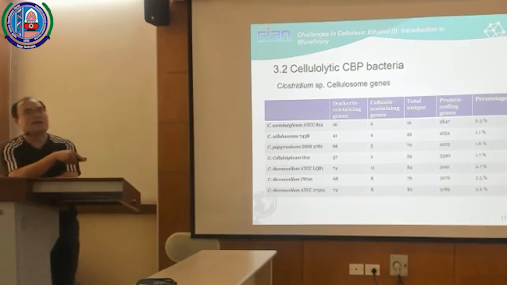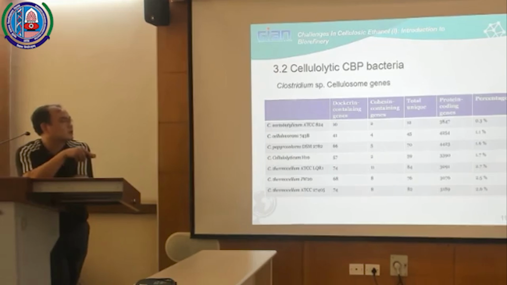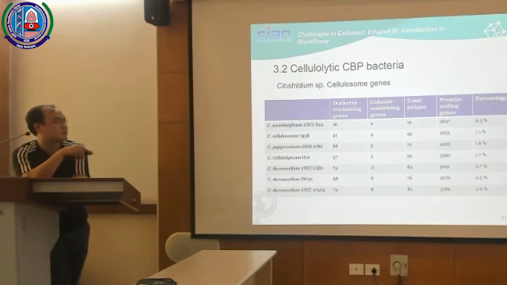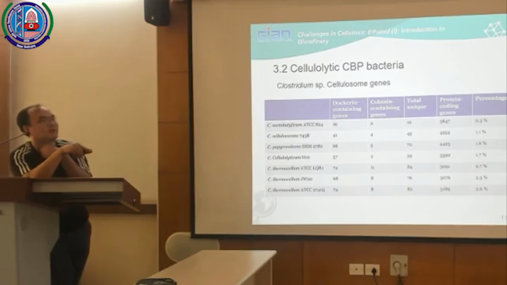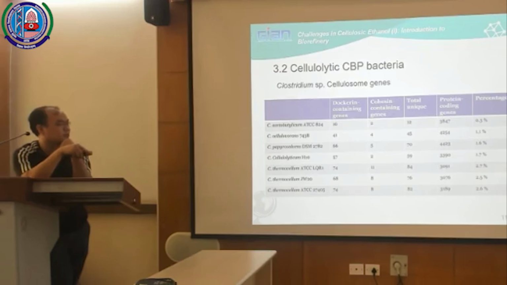Here I list the genes for many Clostridium species. Many of them have a lot of dockerin-containing genes and cohesin-containing genes, and they combine together to be a cellulosome. Especially this one, the ATCC strain.